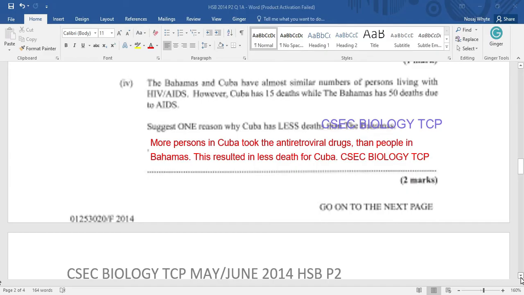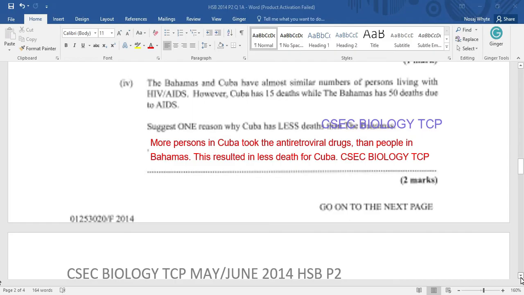Once it is based in scientific facts and you can support that, I'm sure you could use it. So we're of the opinion that more persons in Cuba took the antiretroviral drugs than people in the Bahamas. This resulted in fewer deaths for Cuba.